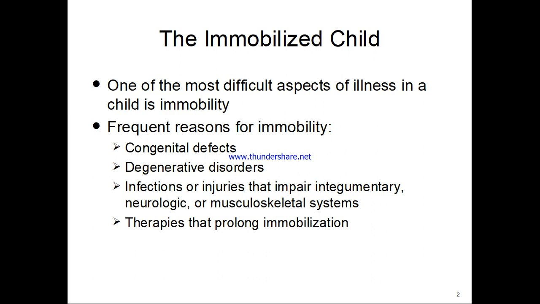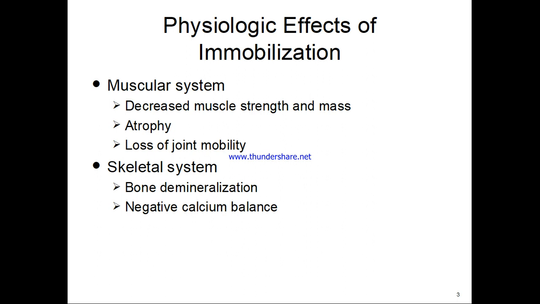Immobilization greatly affects the musculoskeletal system, as we're going to see here. Some of the physiologic effects are decreased muscle mass and strength, atrophy, loss of joint mobility, bone demineralization, and a negative calcium balance.